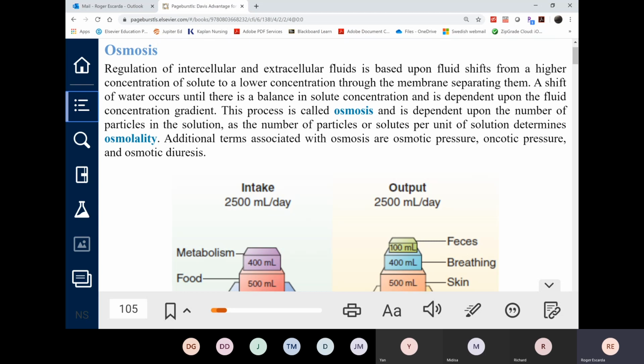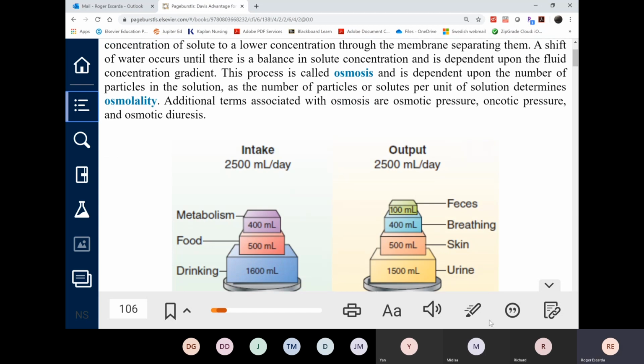Osmosis is the movement of water from an area of lesser concentration to an area of greater concentration. I thought it was the opposite. Thought it was higher to lower. That would be diffusion.